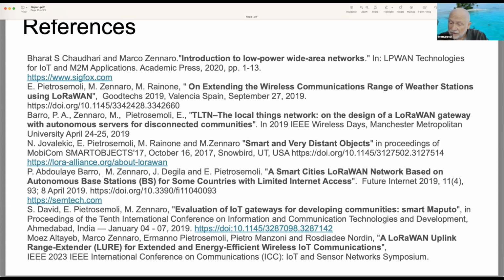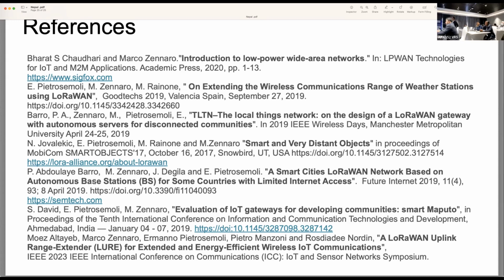So this is the idea, to leverage the sensors and devices that are already deployed. For instance, we use commercial devices for meteorological applications, which use the LoRaWAN protocol. And we want to extend this range without having to modify either the end device or the gateway.